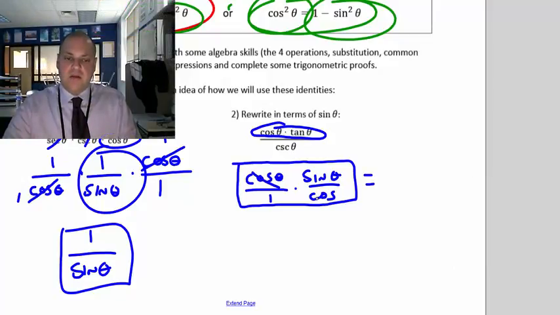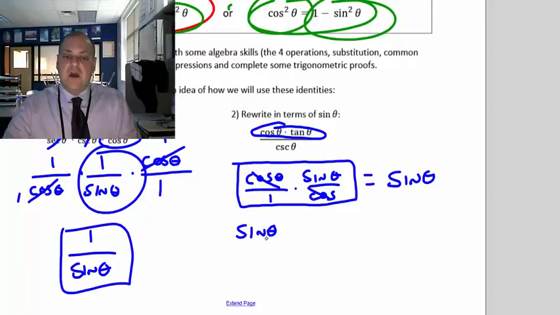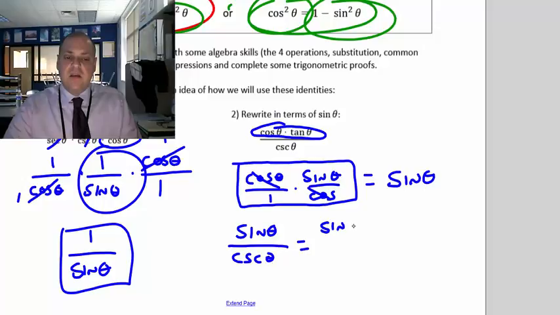That's going to be just sine because the cosines cancel out, right? And you're left with just sine. So now I have sine over cosecant. Well, cosecant is 1 over sine. So now it's sine theta over 1 over 1 over sine.